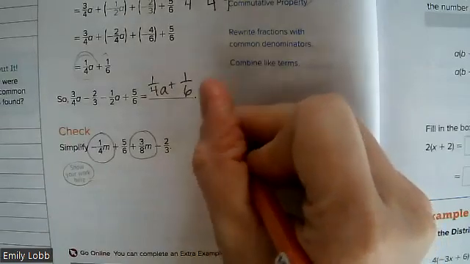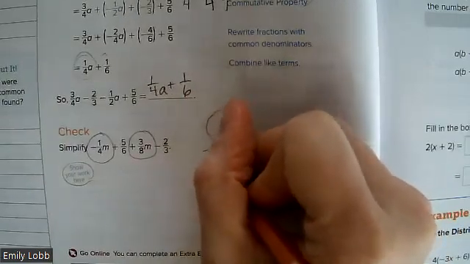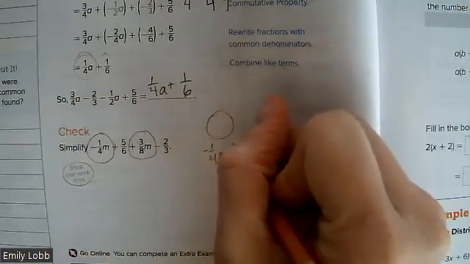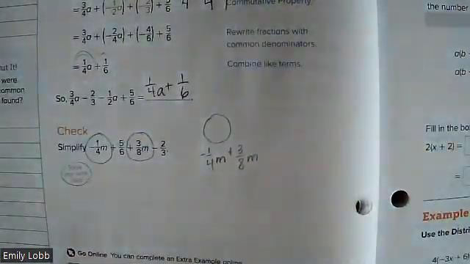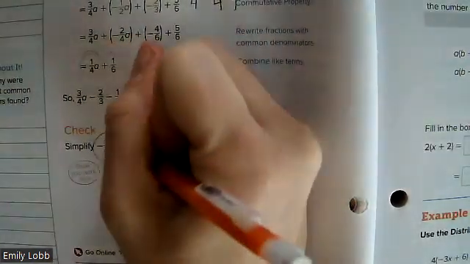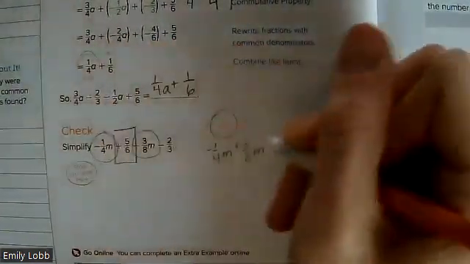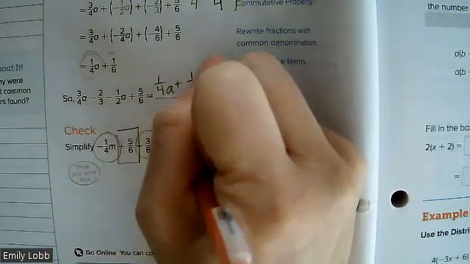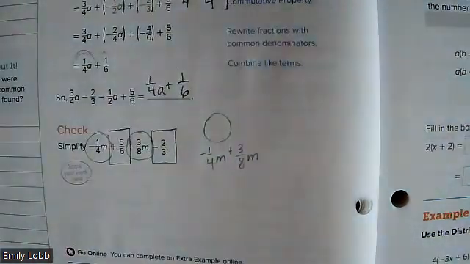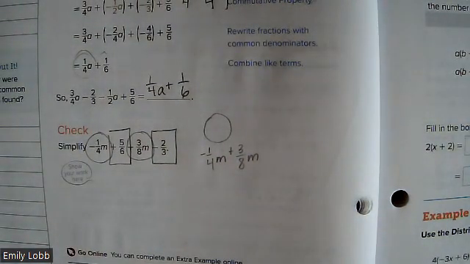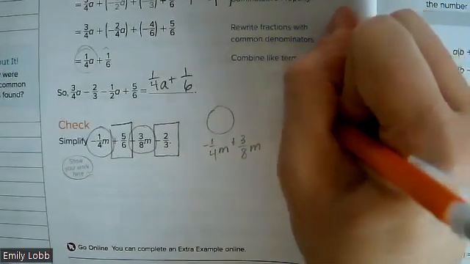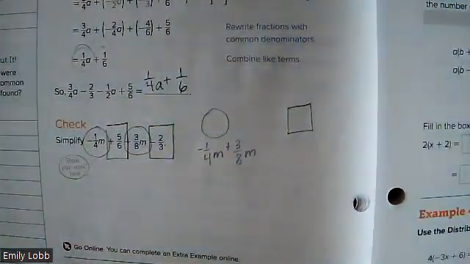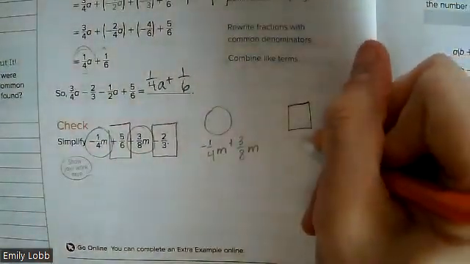So our circles are negative 1/4 M plus 3/8 M. And then we can combine our constants. Some people like to use color. I know that sometimes all we have is one thing, so shaping usually works best for me. But if it helps you see it better to highlight what you can combine, you can definitely do that too.